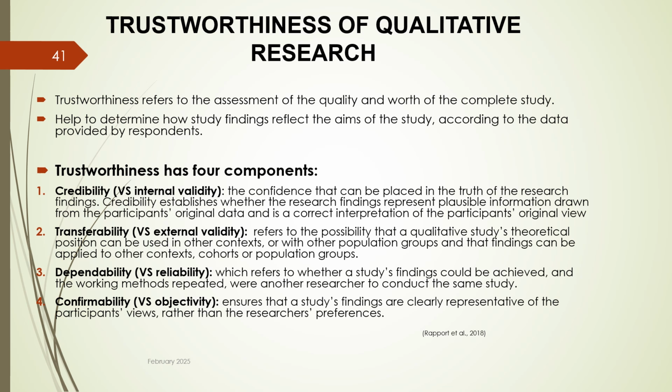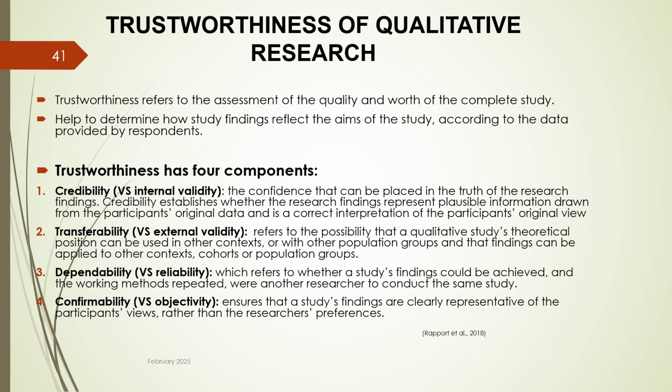Regarding credibility, to ensure the truth of your findings, you can use what we call triangulation. Triangulation is examining the phenomenon from different angles, which could be methods triangulation, as we said in the previous slide, investigator or researcher triangulation, data triangulation, and theoretical triangulation. So firstly, credibility, which is equivalent to what we call internal validity in quantitative research, can be achieved using triangulation.